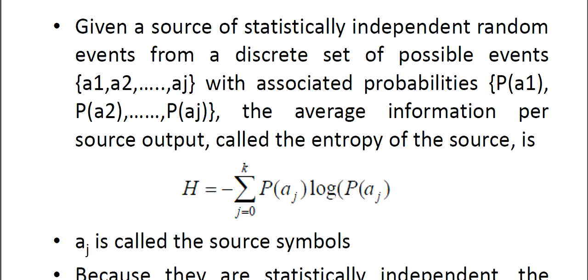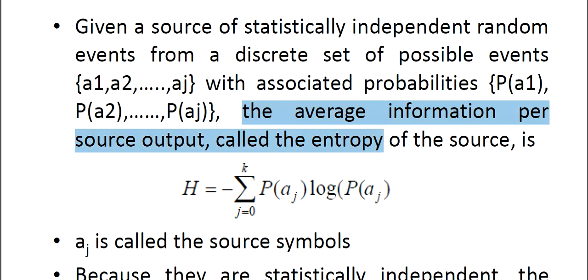Given a source of statistically independent random events from a discrete set of possible events A1, A2, up to AJ, with associated probabilities P(A1), P(A2), up to P(AJ), the average information per source output is known as the entropy of the source.